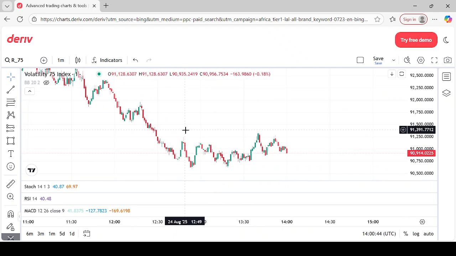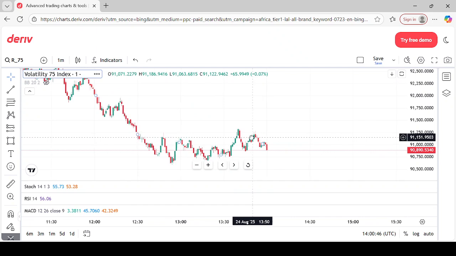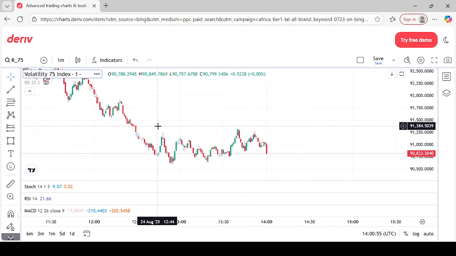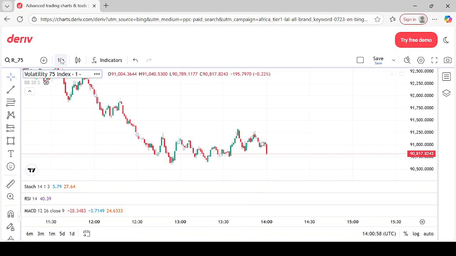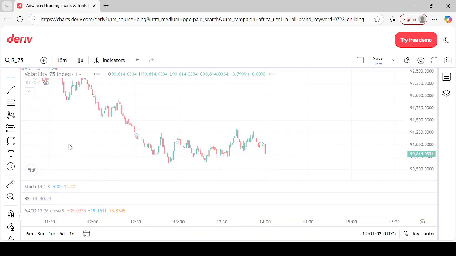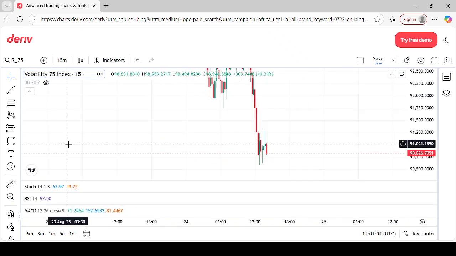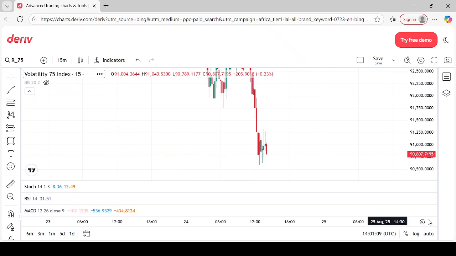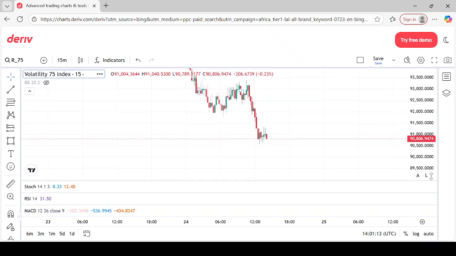This means that once a direction is established, whether the market is going upward or downward, it tends to persist, offering opportunities for traders who can identify these trends early. However, this same volatility also poses risks, so it requires careful analysis and risk management.